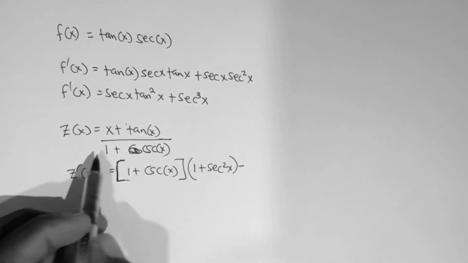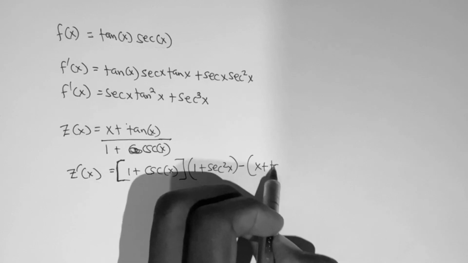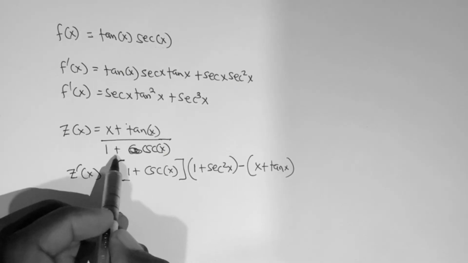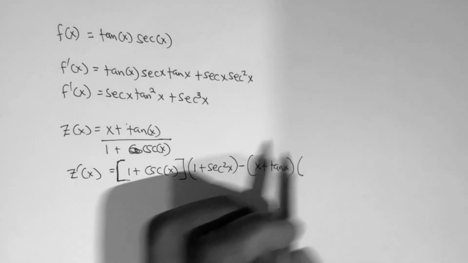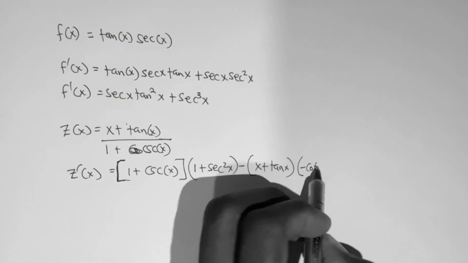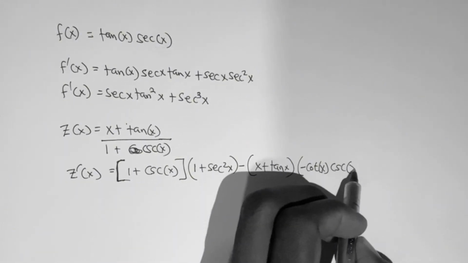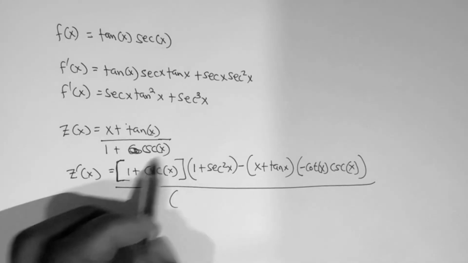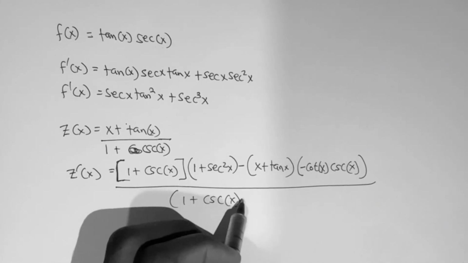Then minus, maintain the numerator, which is x plus tan x. Then differentiate the denominator. If you differentiate 1, it is 0. But if you differentiate cosec x, it is minus cosec x cot x. All of that divided by the square of the denominator, which is 1 plus cosec x squared.